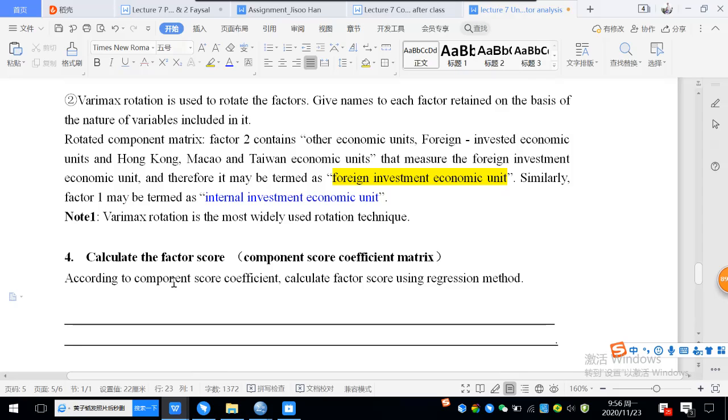In fact, the computer automatically calculates the factor score for you. But still, you need to know the regression model to calculate the factor score. So please find the component score coefficient matrix.